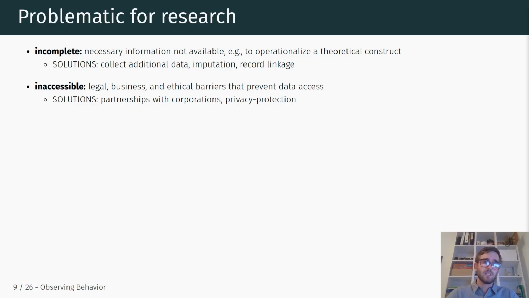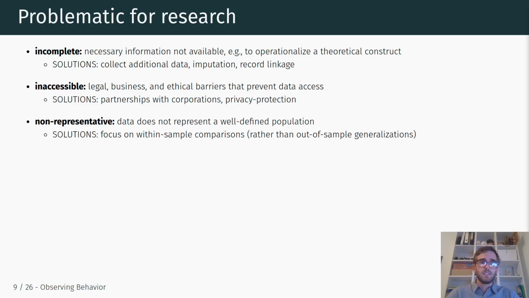Ultimately it depends on building partnerships with corporations that provide incentives for businesses to share their data, but at the same time give them assurances that, from an ethical perspective, privacy is protected.